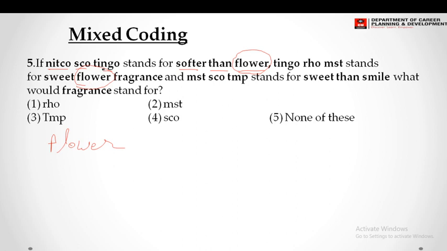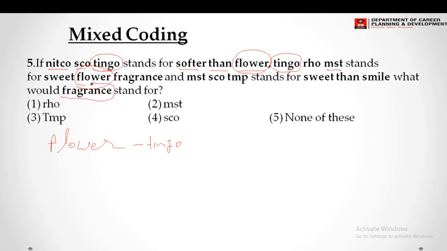So you have to find out which code is the same. Tingo is not in the first. RHO Tingo is the code in first and second. Only Tingo is common, because these two are not common. This is RHO and this is MST. So flower is known as Tingo.